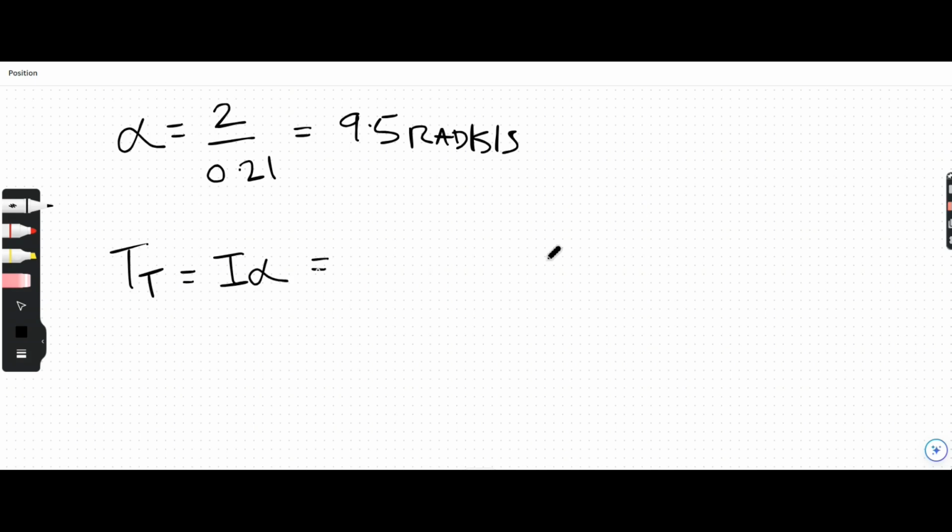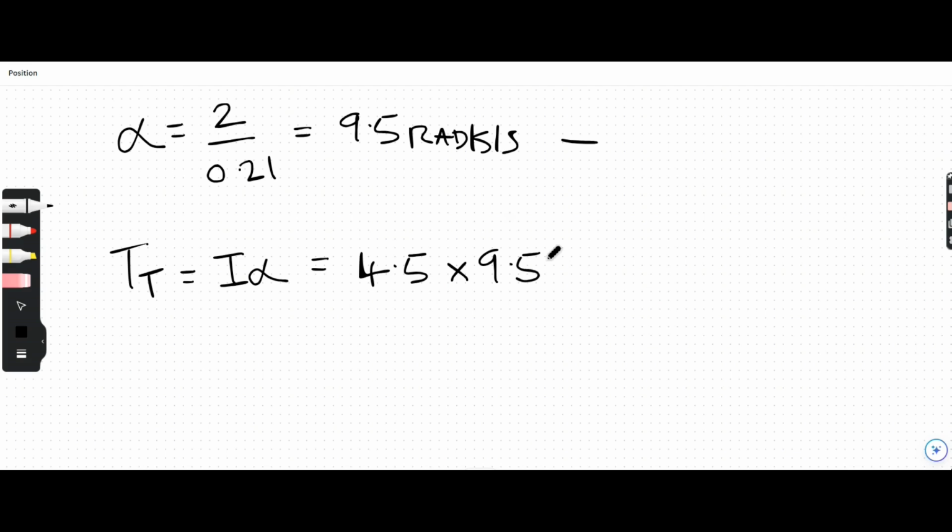So I know my inertia, it was 4.5. Yours might be different. I know what my angular acceleration was. It was 9.5, I think. Yep, 9.5, which gives me a number. Turn the page over, my workings out.